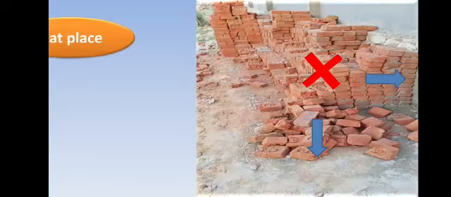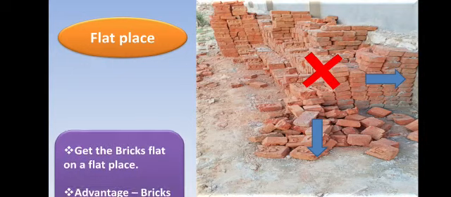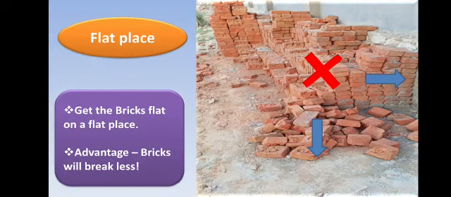Further, keep a check when the bricks are arranged in a stack or tier form. Make the ground flat or plain first so that the brick stack is intact and does not crash as and when the bricks are taken into use. This will save us from the loss of broken bricks.